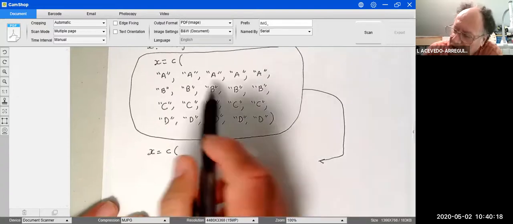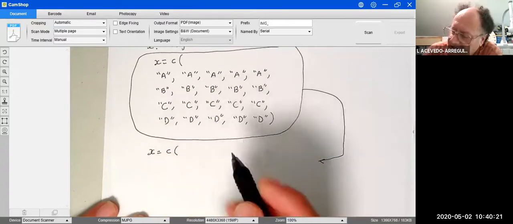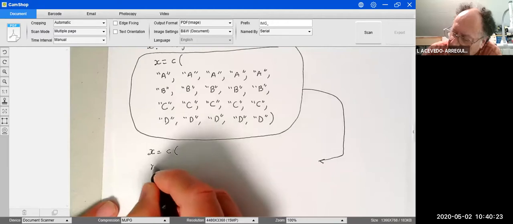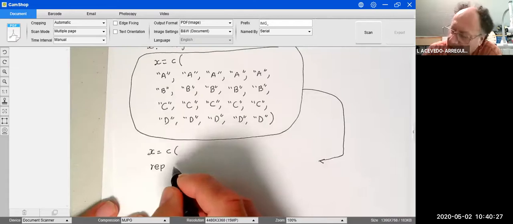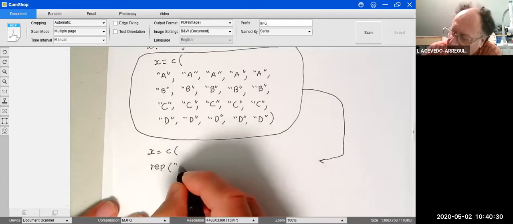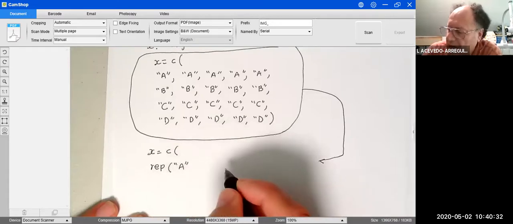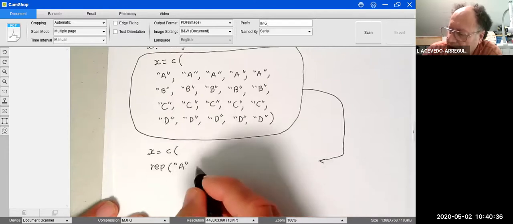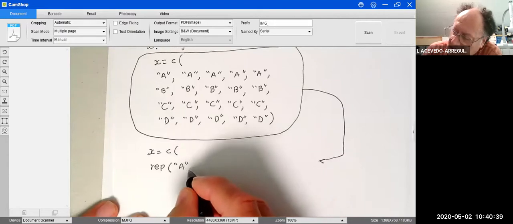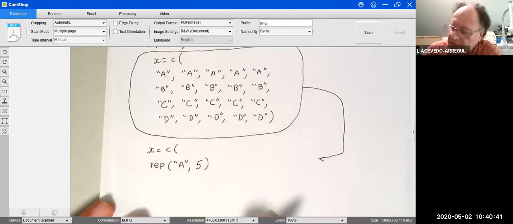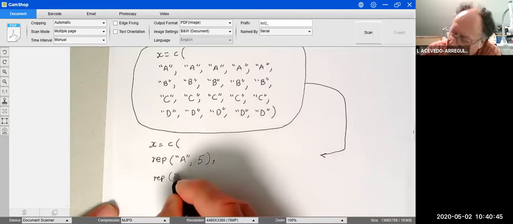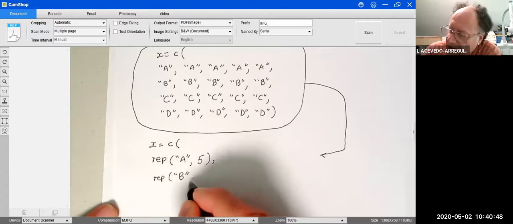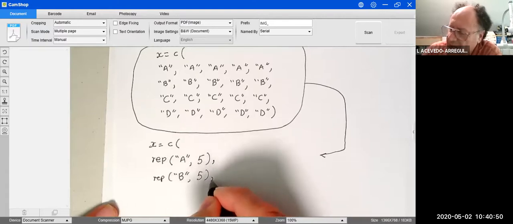And now I don't want to repeat 5 times A by hand, so I'm going to write rep for repeat, rep, parentheses, and I'm going to tell R that I want to repeat A in quotation marks 5 times. And then don't forget this comma. Then I'm going to repeat B with quotation marks also 5 times.